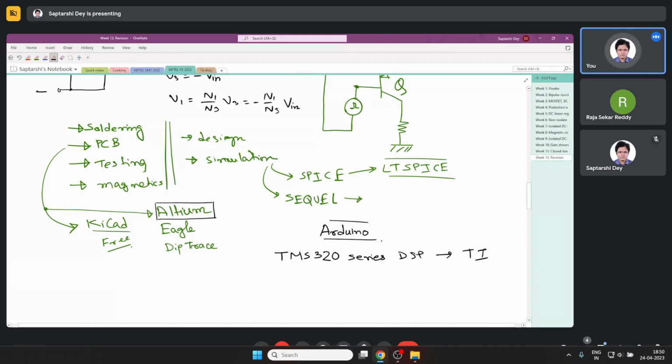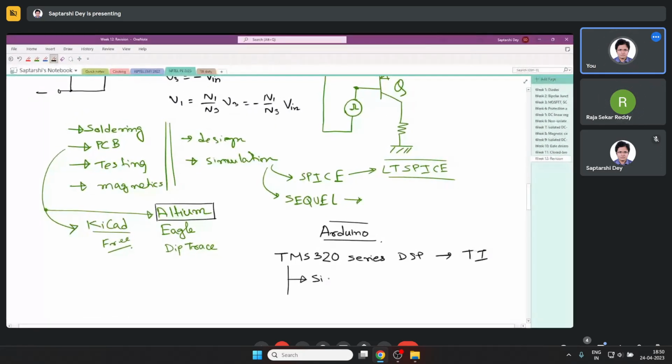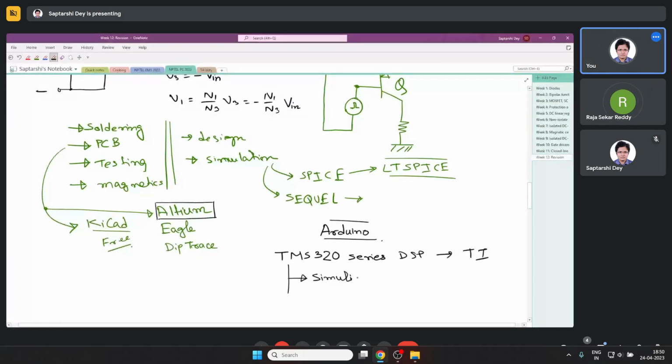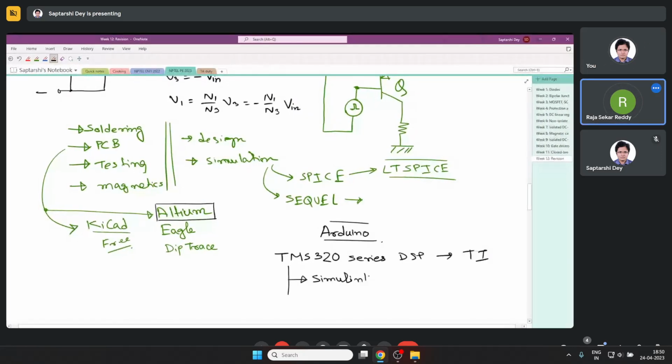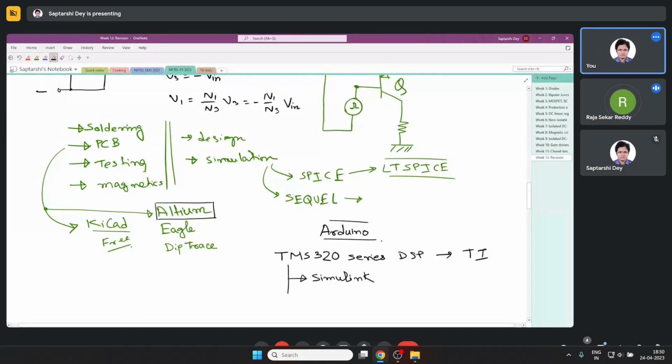Now there are several ways of coding this. If you want a very easy way of coding, you can simply use Simulink. You make the block diagram of your control circuit what you want, and then dump the thing in Simulink.